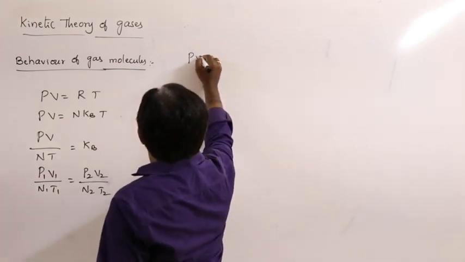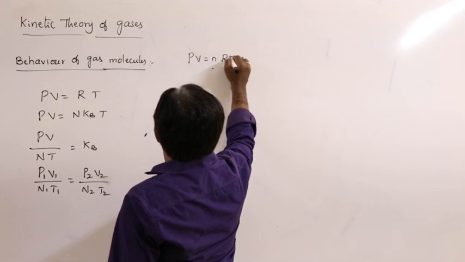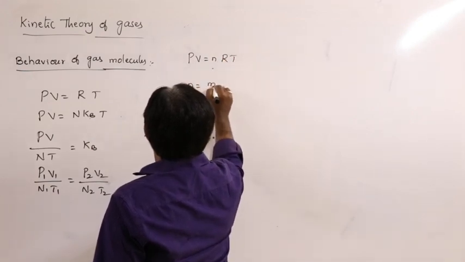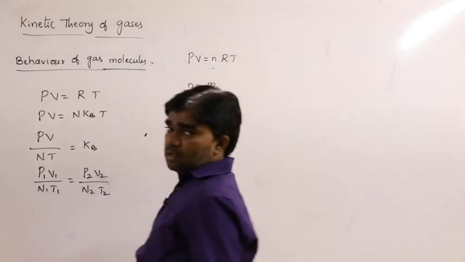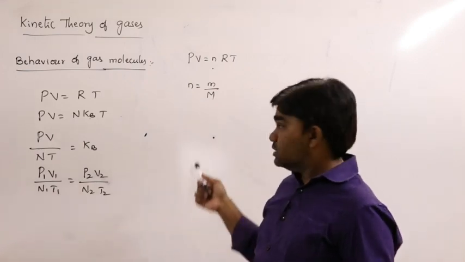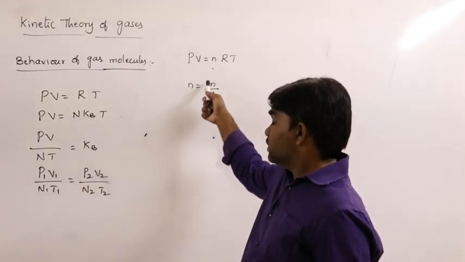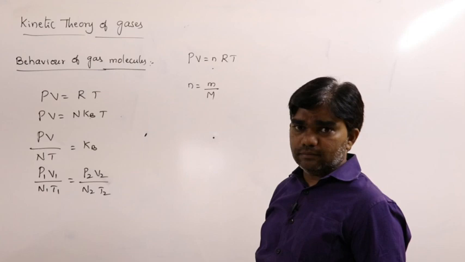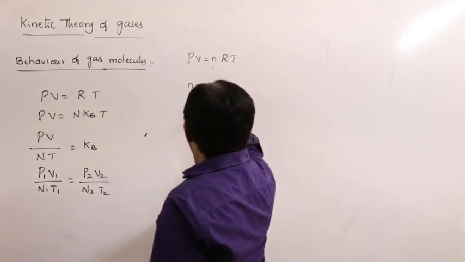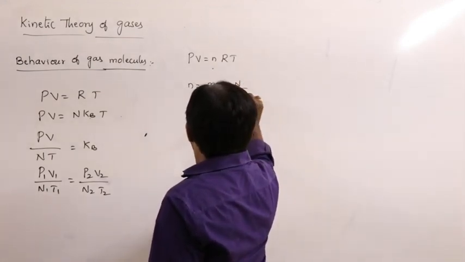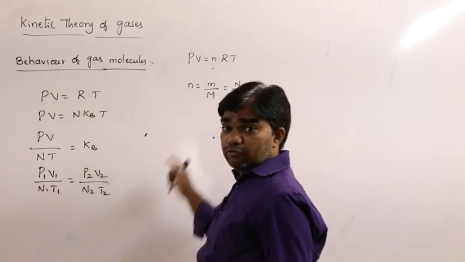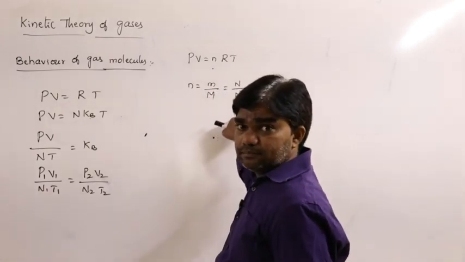And again here we can write PV is equal to small n RT, where small n is equal to small m by capital M, the given mass by molecular weight. That can also be written as N by N_A, the number of molecules by the Avogadro number.